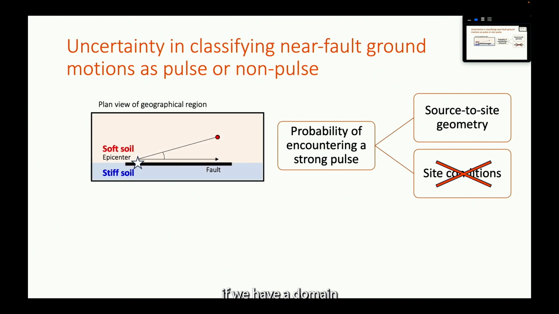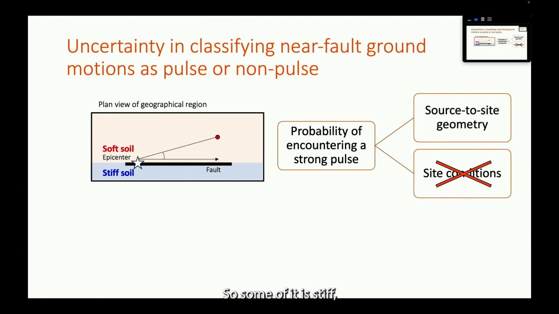Specifically, if we have a domain where you have different types of site conditions, in this particular case we do because we're doing the simulation, so we're controlling the site conditions. And I'll add here that these are not site-specific domains that I've worked with, but they're representative of a domain that would have relatively stiff soil, and then part of it will represent kind of a sedimentary basin at the top.